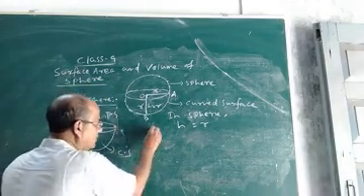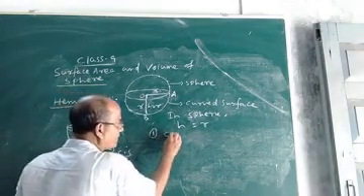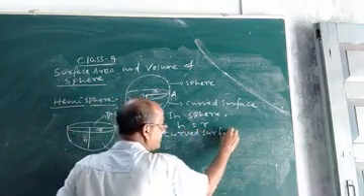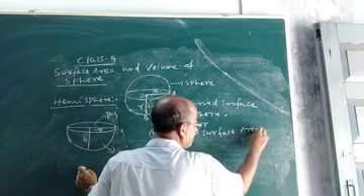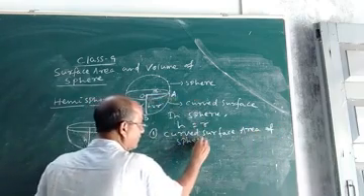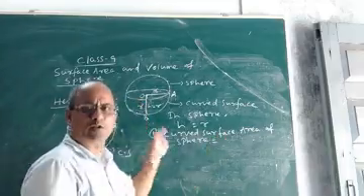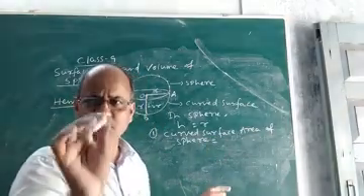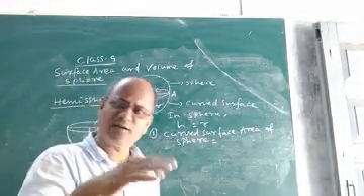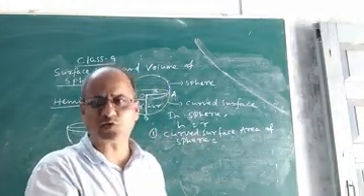Let us find out. The formula for the curved surface area of a sphere. Now the point is, if a sphere has only one curved surface, then it has only curved surface area, it has no separate total surface area.